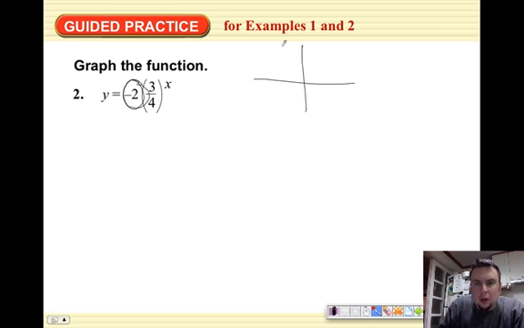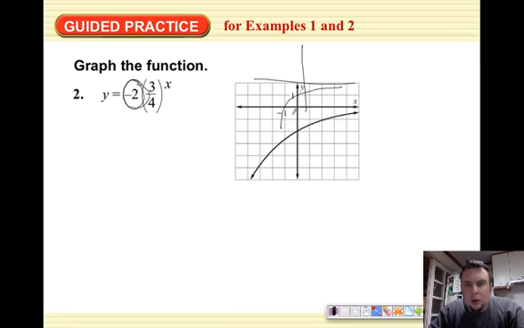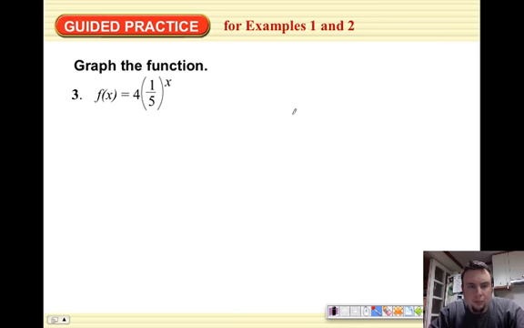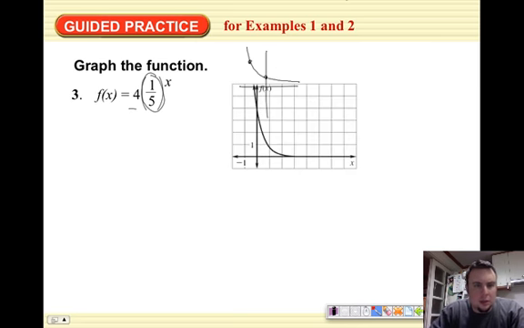It was up here, decay, now it's flipped down here. It's going to look something like this. Get a few good coordinates and you'll be able to graph it. This right here is a decay, and more importantly, this base is between 0 and 1, so normal decay. Just get the right coordinates. You guys get the picture.